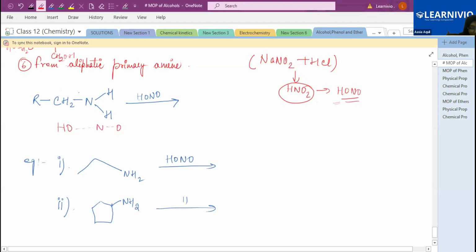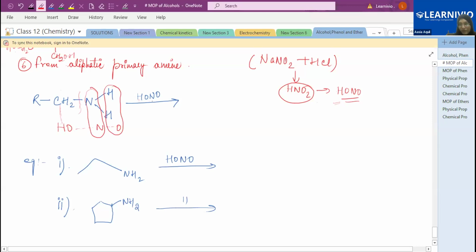Now from here the bond will break, and this OH will make a bond with this carbon, and N2 will be liberated, and from here water will be liberated.